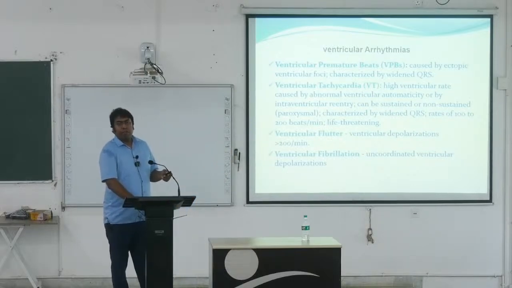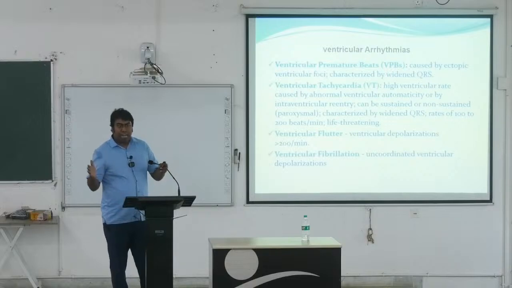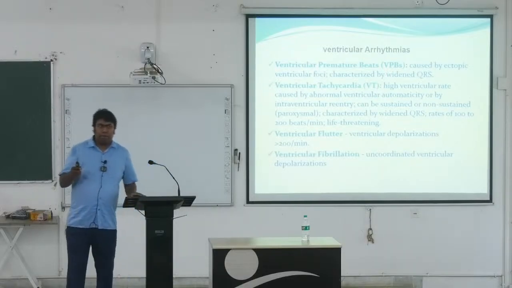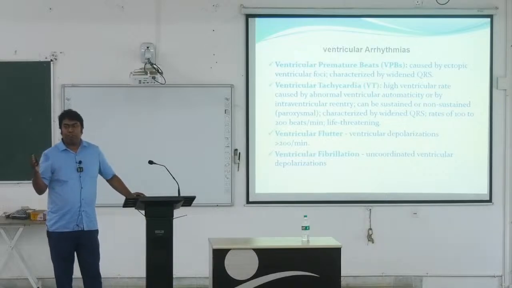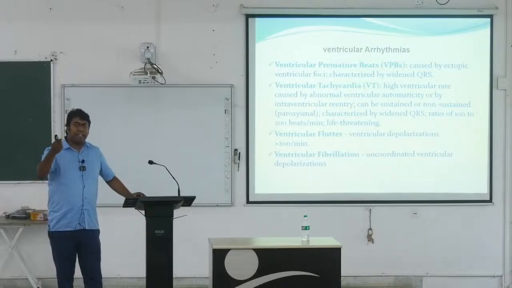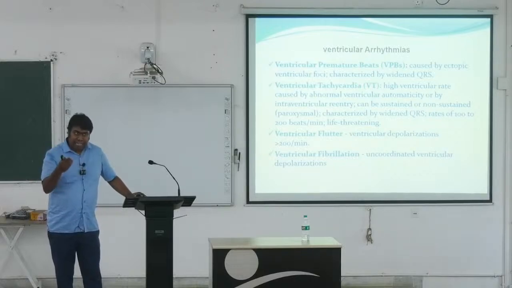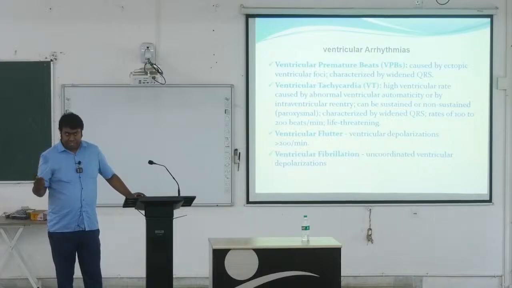Which one gives more time, atrial tachycardias or ventricular tachycardias? Which one will give more time to treat the patient? Atrial tachycardia, because in atrial arrhythmias, even if impulse generation is 300, it has to come through the AV node, and there may be AV delay that leads to a reduced number of impulses reaching the ventricle.